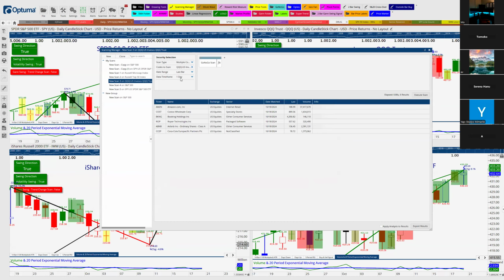Let's scan on this. Any no go signals? It's only two of them on a weekly, Comcast and this one. Anything on daily? Oh, four of them.